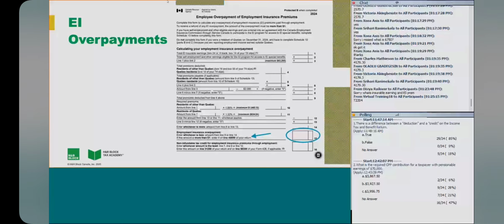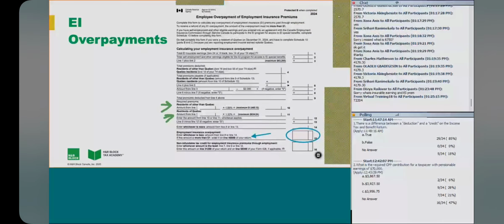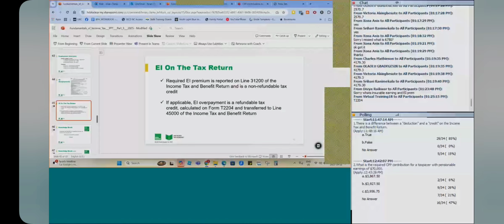And as you can see, it has the rate for residents other than Quebec. So outside Quebec, the EI rate is 1.66. In Quebec, it is 1.32. The EI rate is a little different from CPP because it fluctuates more from year to year.